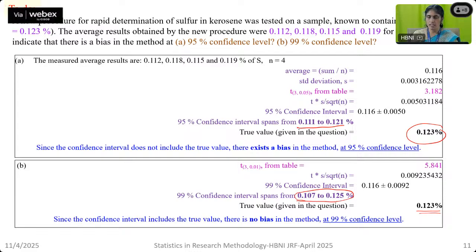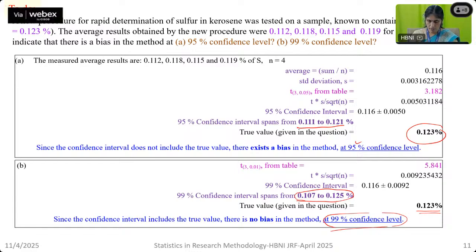If the confidence level is not mentioned, generally we go with 95%. If for a specific case you have relaxation or flexibility, wherein you want to include the newly proposed method data, you can enlarge the confidence interval and include this also.